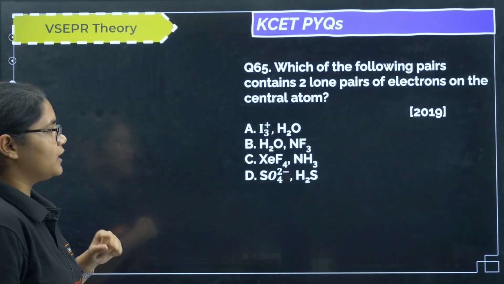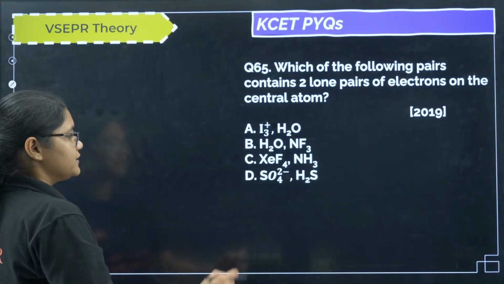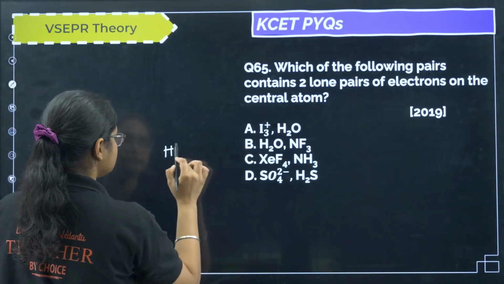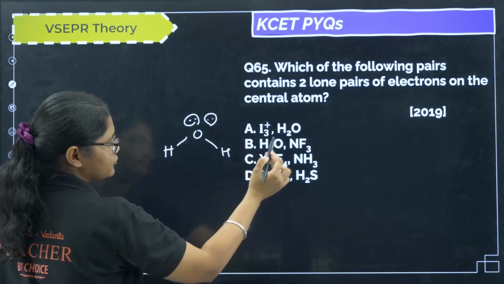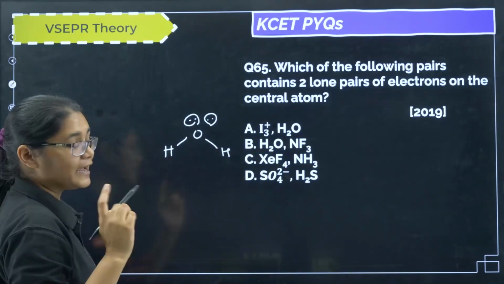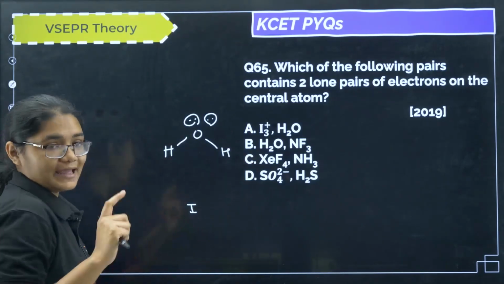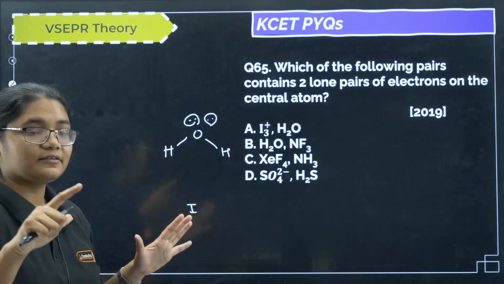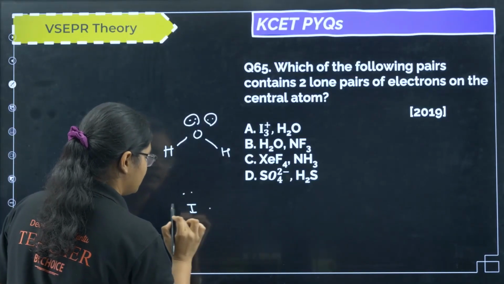Next, which of the following pairs contains two lone pairs of electrons on the central atom? If I see H2O, it is like this. It has two lone pairs on the central atom. Then let me talk about I3 plus. The central atom I has 7 valence electrons. Now I3 plus means there will be 6 valence electrons, so I have 1, 2, 3, 4, 5 and 6.